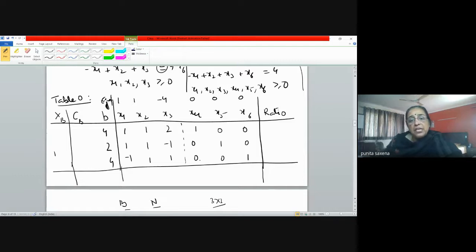So if I treat this whole 3x3 as my B, then this becomes my N, isn't it? And this B will be B for me, for you, for any other person who is doing this problem. Why? Because this has come out of slack variables.